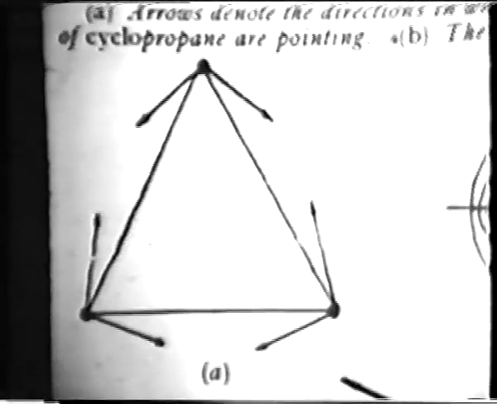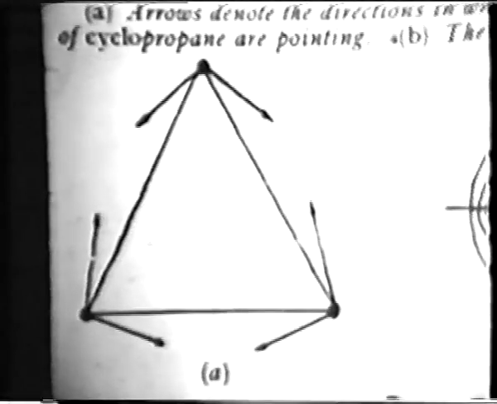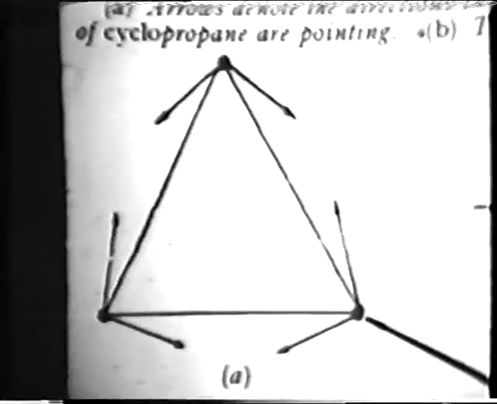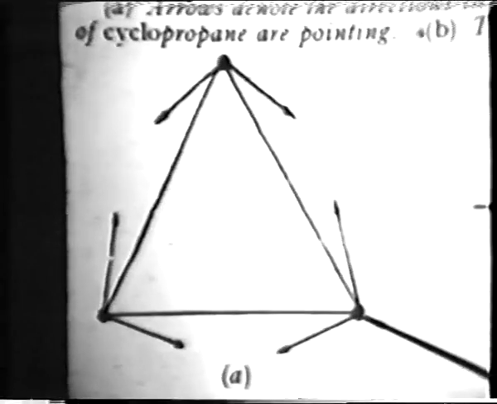I'm going to talk for a few moments about cyclopropane. Now, this is an old friend of mine. I've been on reasonably good terms with cyclopropane now for about 30 years. He's still got something to tell us, but as you all know, it consists of 3 carbon atoms at the corners of an equilateral triangle, and attached to each carbon atom are 2 hydrogens.